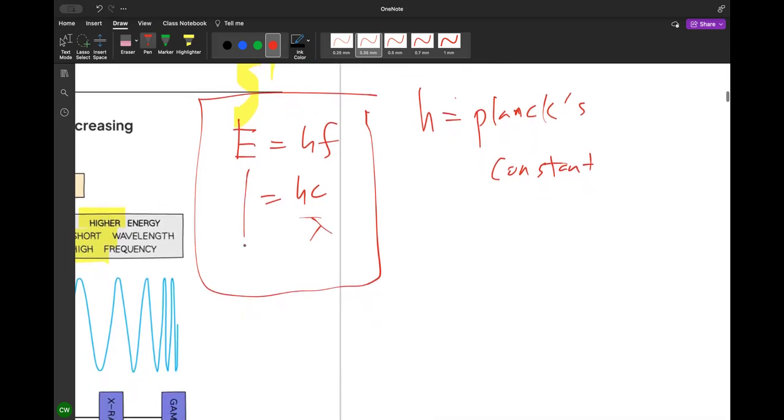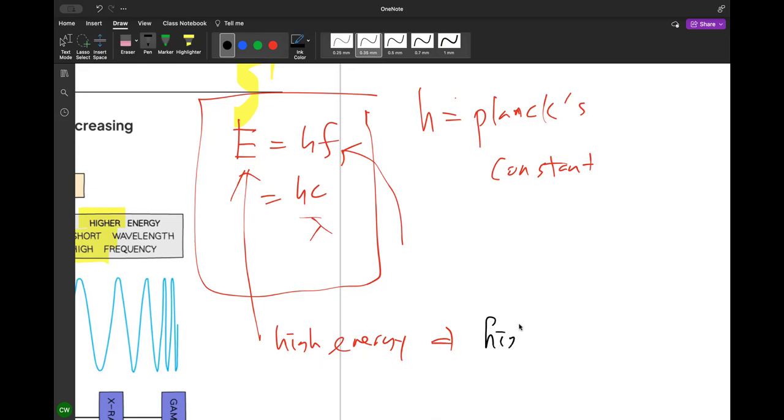So from here we can see this is energy, this is frequency. So high energy means high frequency. 频率越高，它的能量越大。The higher energy is carried by high frequency.